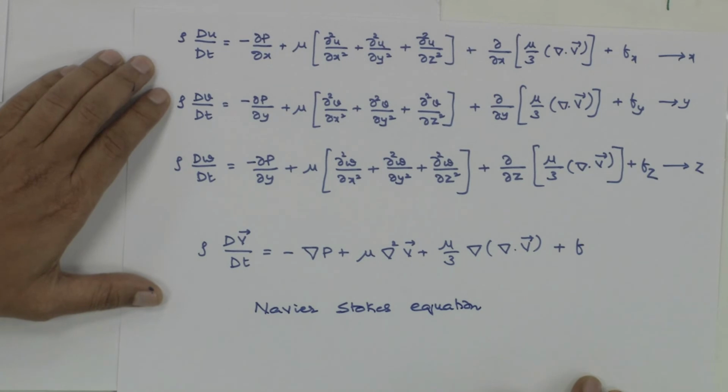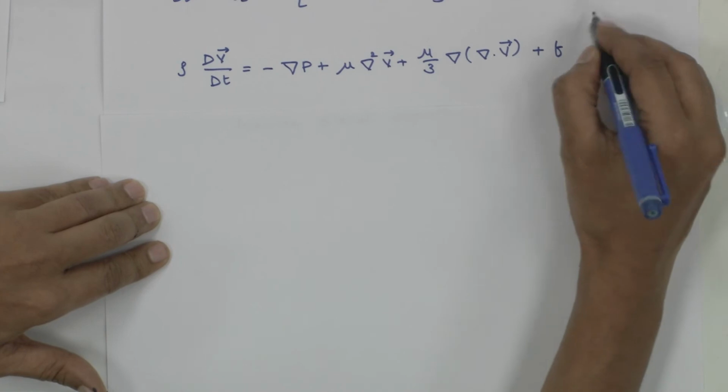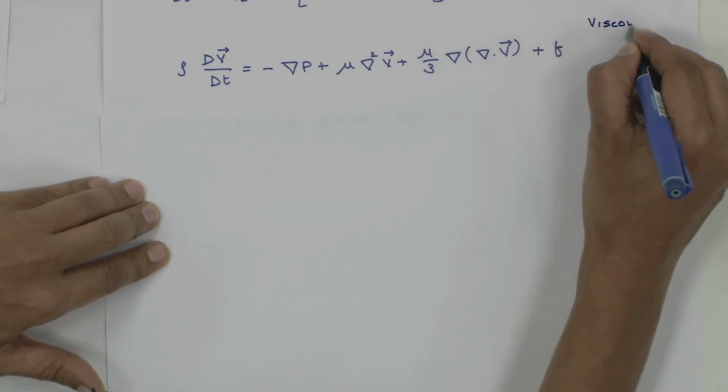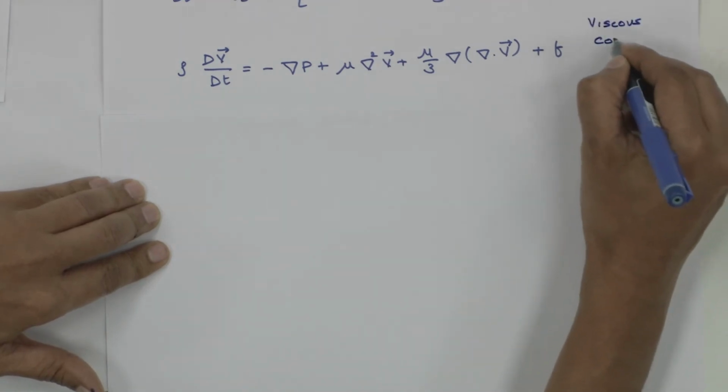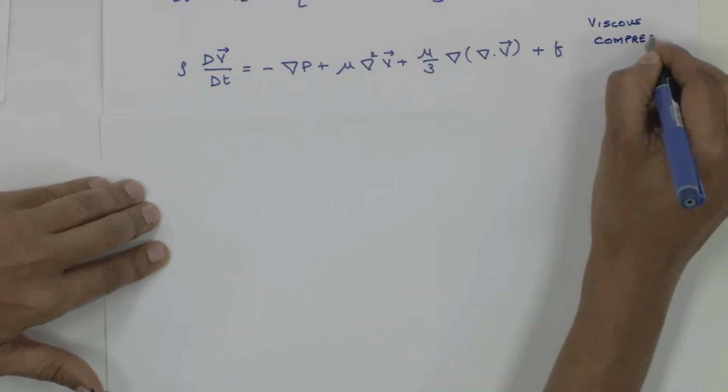Now, let's write some reduced forms of these equations. This is my Navier-Stokes equation. This is for general viscous compressible fluids, because I have not made any assumptions.